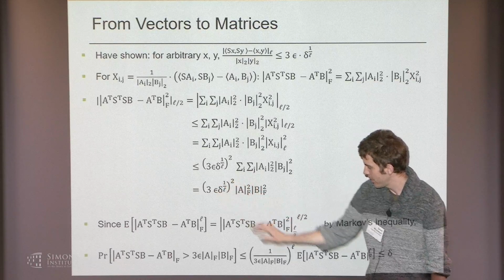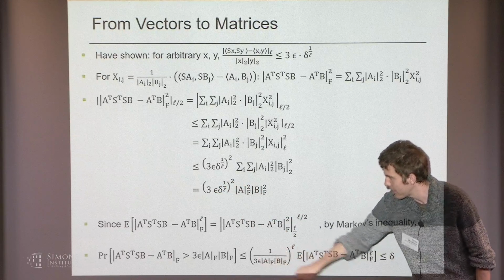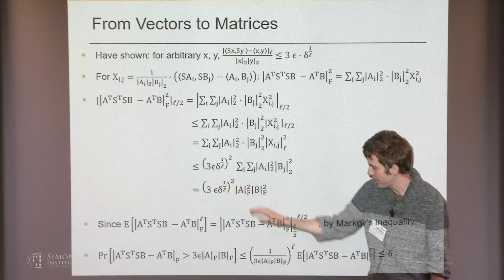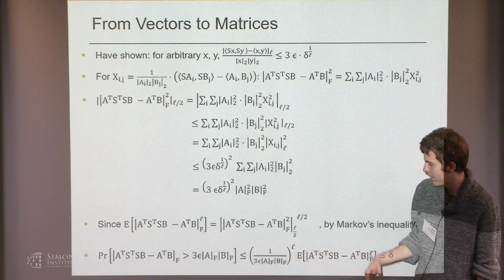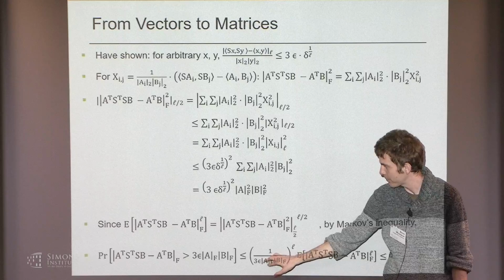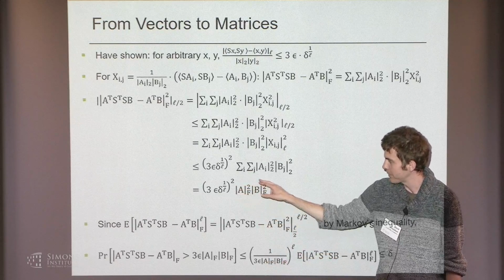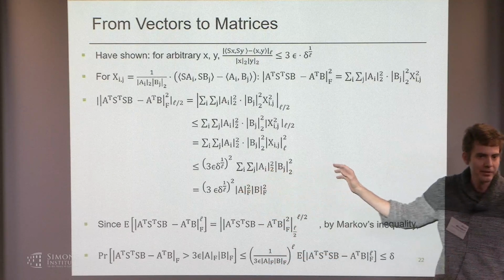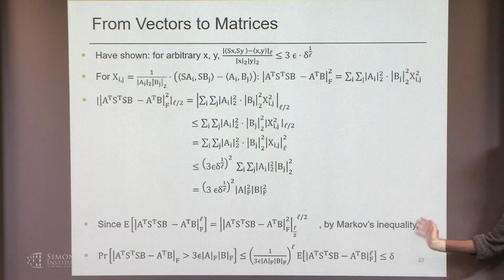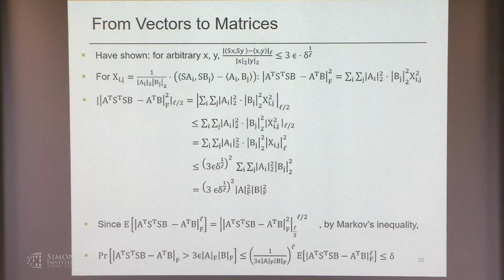I get epsilon to the L. That cancels this epsilon to the L. I get 3 to the L. That cancels this 3 to the L, etc. Right? I get Frobenius norm of A to the L. This is being raised to the L over 2. Cancels Frobenius norm of A to the L. All that stuff cancels. I'm just left with delta. That's the whole argument. Is it clear?